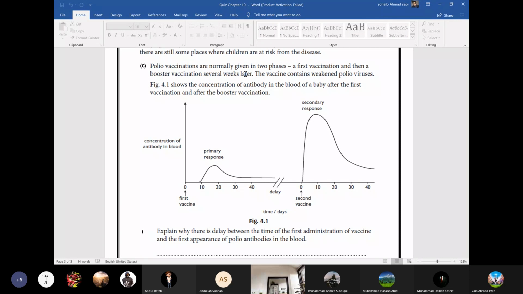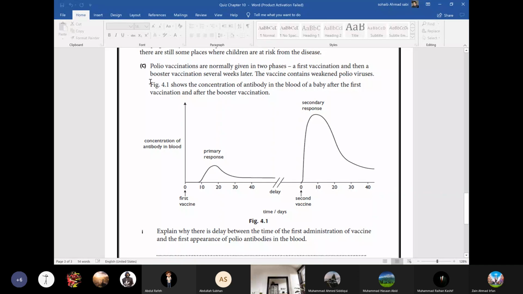The first dose gives you immunity. The second dose is called a booster dose because it enhances the immune response. Understand, everyone? Even with corona, the person has to take two shots.